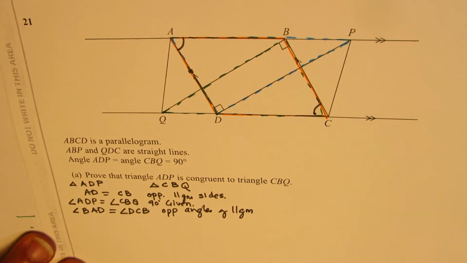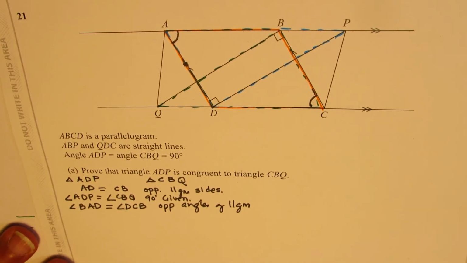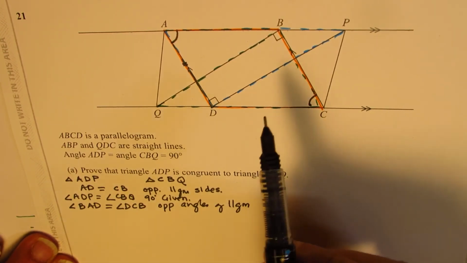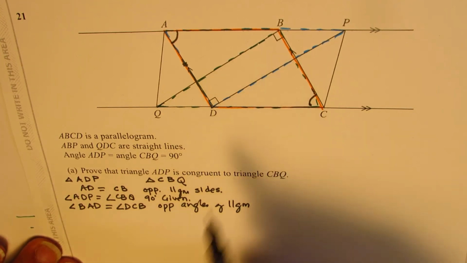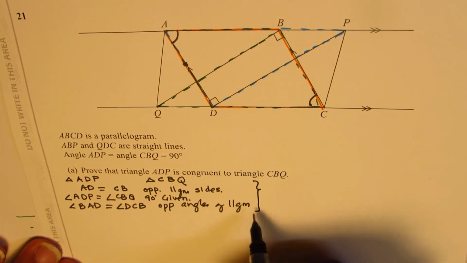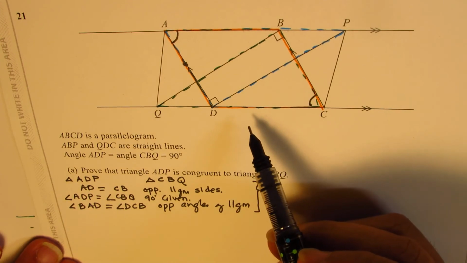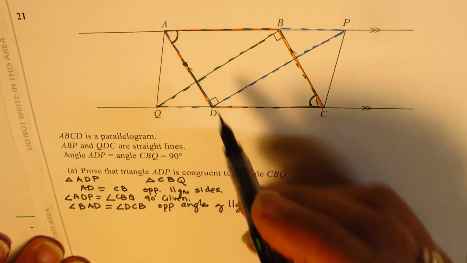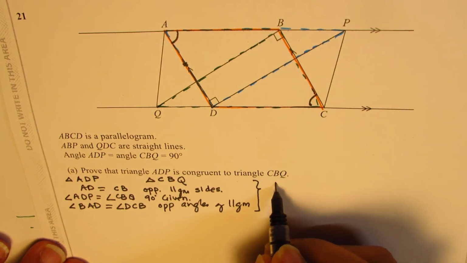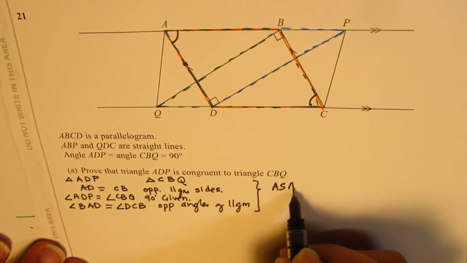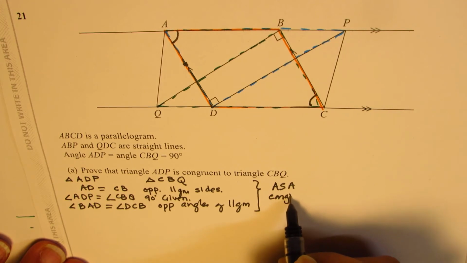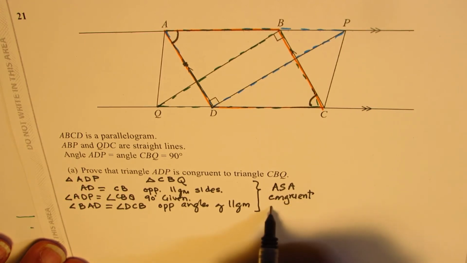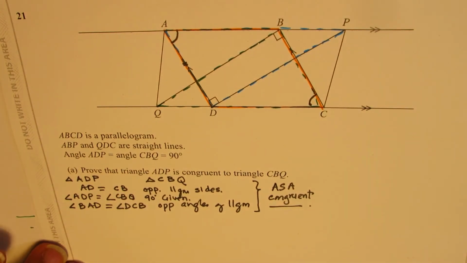Is that clear? So that is how we are going to show that these two triangles are congruent, right? So they are congruent. We have shown that two angles and included side. So it is angle, side, angle congruency. Clear? So these three steps will help us to show that they are congruent triangles.